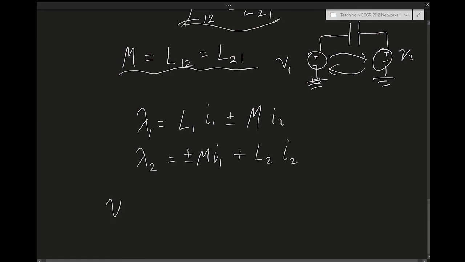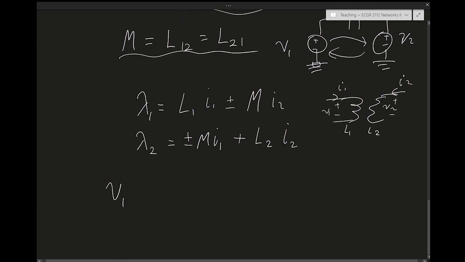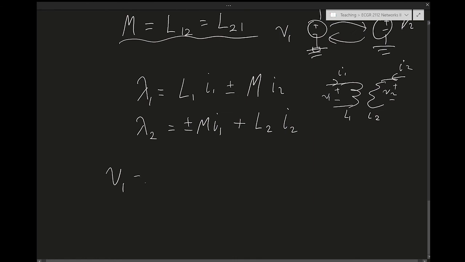What is the actual voltage? Let me draw this again. This is I1, I2, this is V1, V2, this is L1, L2, and there is a mutual inductance between them. They affect each other. According to Faraday's law, the voltage is just d lambda by dt.